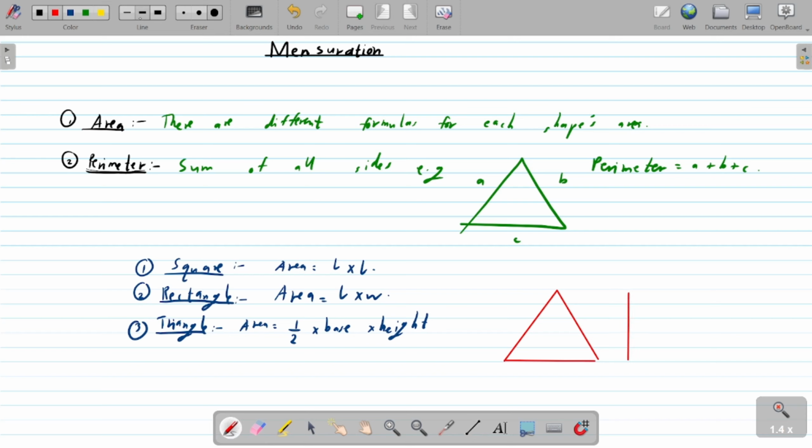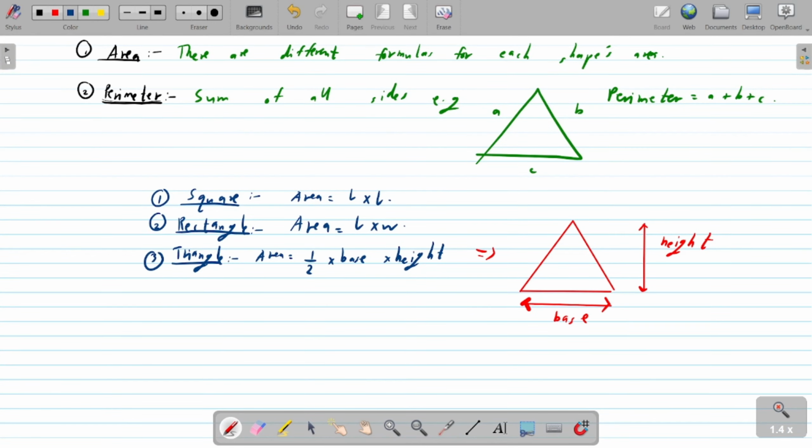Let me cross mark it here. Now from here, this is your height, from the bottom all the way to the top. That's your height, and the bottom line, that is your base. So you're going to have half into base into height.